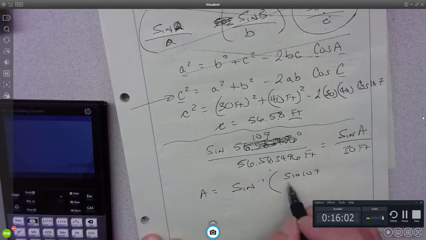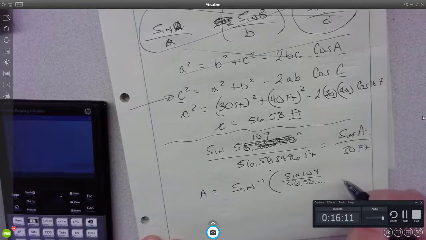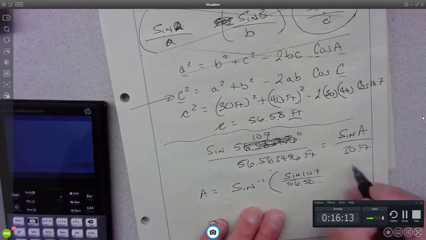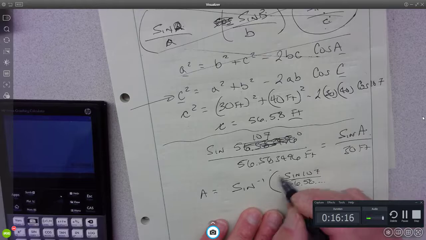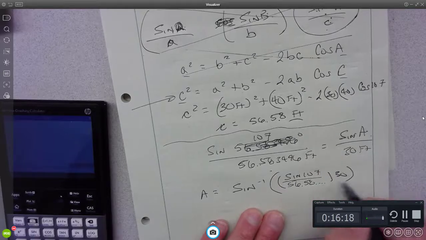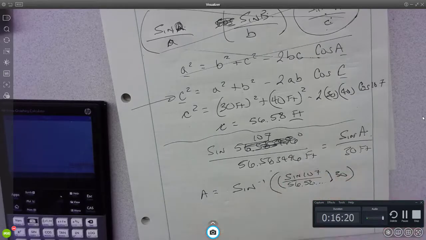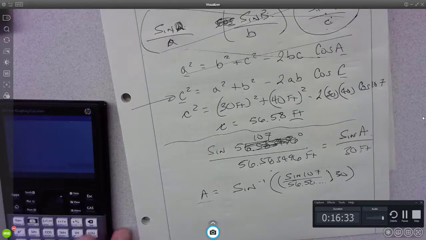The sine 107 divided by the 56.58, dot, dot, dot, because that's what that means, it carries on. And I multiply times 30, because that comes across. So it ends up to be the arc sine of all of this. Sine 107 divided by 56.583496 times the 30 that comes across. That gives me angle A.